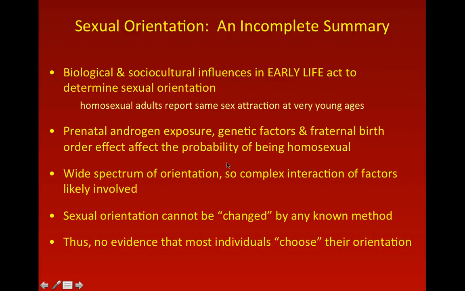But there's obviously a wide spectrum of sexual orientation, and we're complex cognitive, psychological, biological beings, and as a result, the way that all of these factors interact to produce sexual orientation is not well understood, and is still the subject of a lot of study. So I call this an incomplete summary because it's very cursory, but I did want to mention that there are a few biological correlates related to the probability of individuals identifying as homosexual.